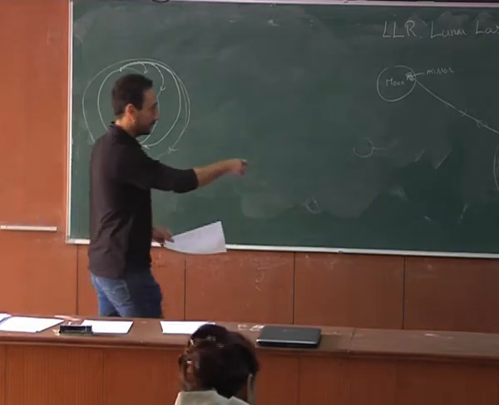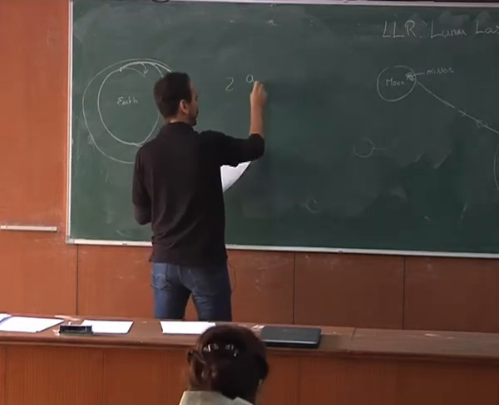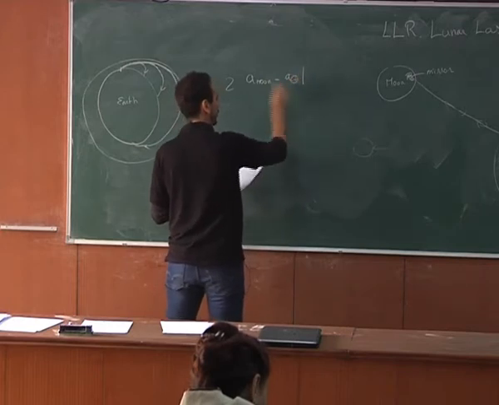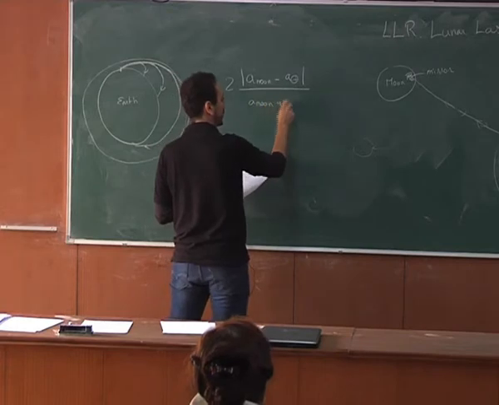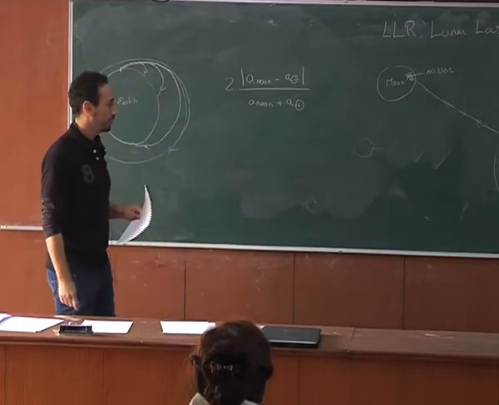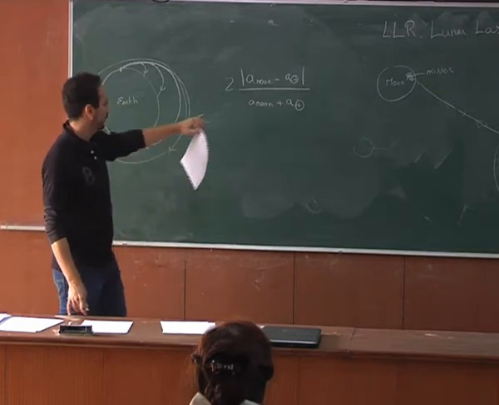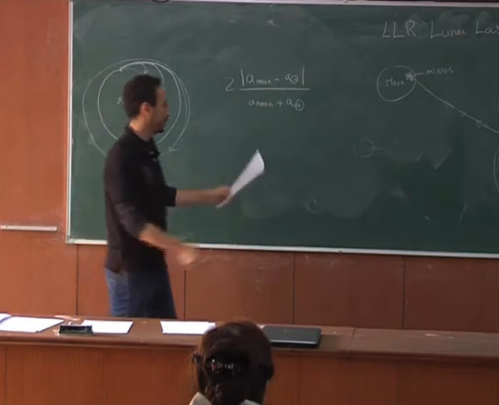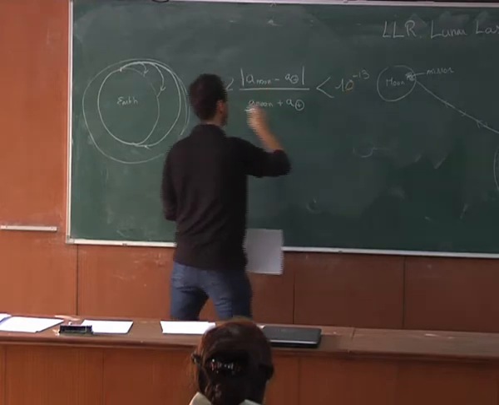Measuring this distance, you can translate it into the acceleration of the Moon minus the acceleration of the Earth, divided by the acceleration of the Moon plus the acceleration of the Earth. If the equivalence principle is exactly verified, we should have this equal to 0, and the experiments say that this is less than 10 to the minus 13.